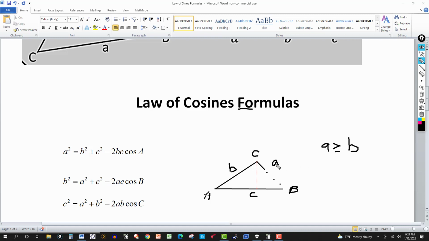Now, what happens if side a is exactly the size of this altitude? If a is equal to this altitude right here, and notice I want to point this out to you, you can find the length of that altitude, because the sine of angle A, if I label this as h, the sine of angle A is the opposite. This is a right triangle here. I can use your basic trig definition. This would be h over b.